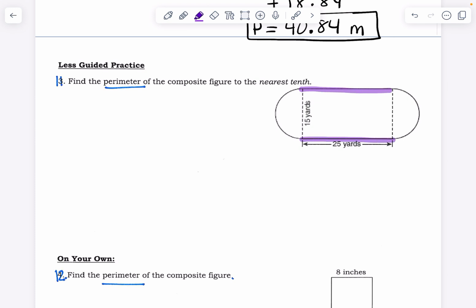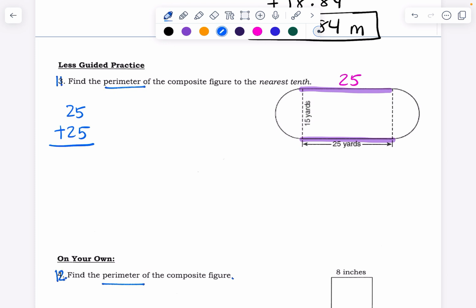Okay, the two purple sides. If the bottom is 25, that means the top would be 25 as well. Okay, hold on, I'm just looking at my notes. So I have 25 plus 25, that would get me 50.